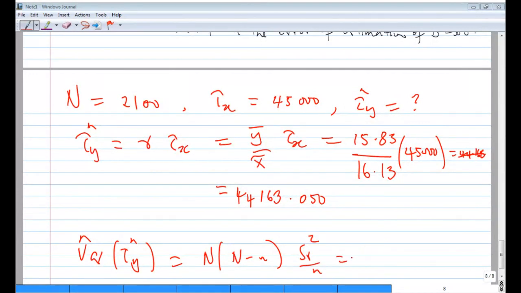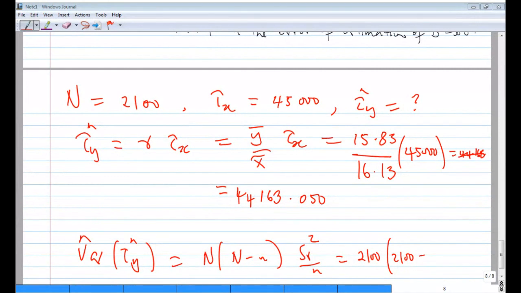So our N is 2100, minus, what is our sample size? We don't have a sample size. We can use tau x over x bar, but the issue is we don't have the sample size there.